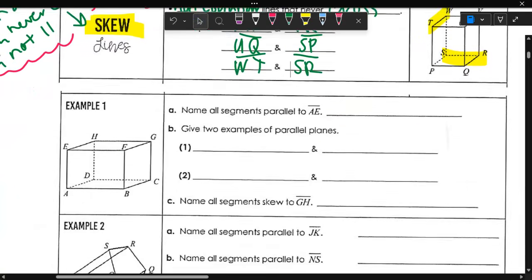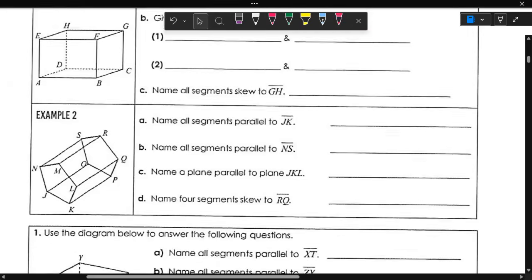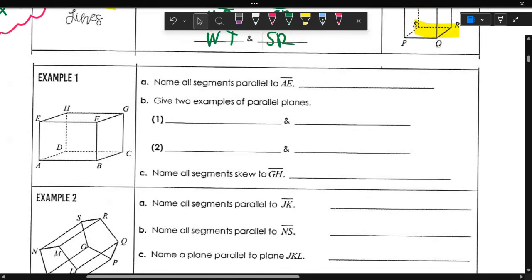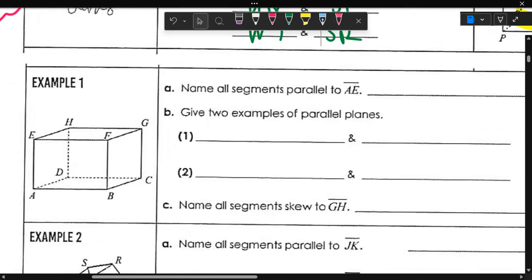All right, moving on. Now, example 1 and 2, I will do, and then I want you to do the other 2. It says name all segments parallel to segment AE. Let's highlight segment AE so we can see. Parallel is what we're looking for.